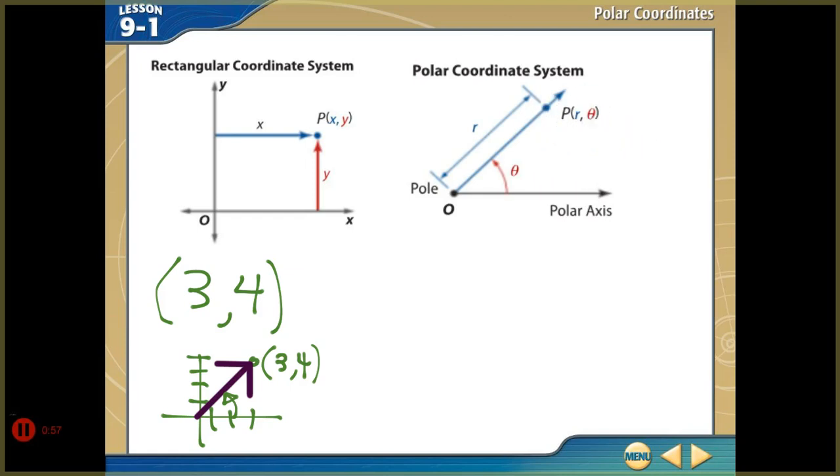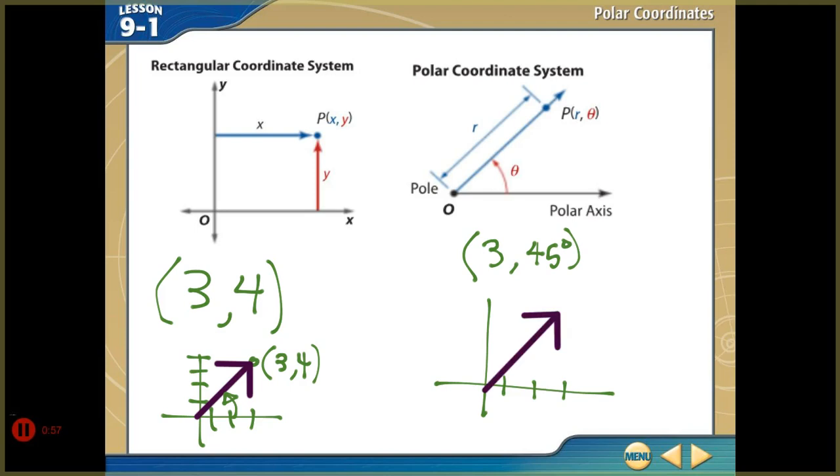So if I was to take a polar point, let's say I go 3 and 45 degrees, what that would look like is I would go out 1, 2, 3, and then rotate 45 degrees. And you can see that's my distance of 3.